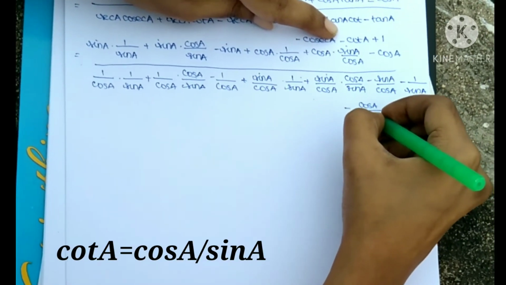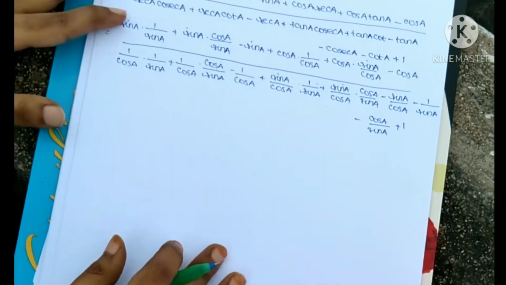What? Minus cos A by sin A and plus 1 remains same.